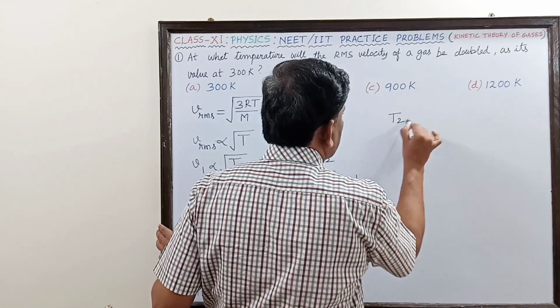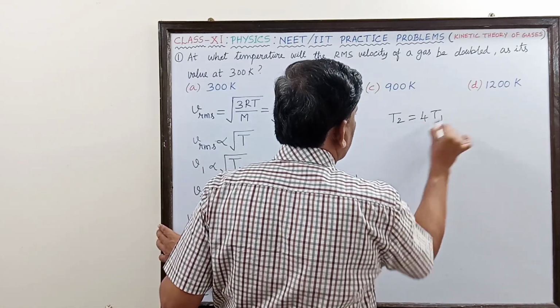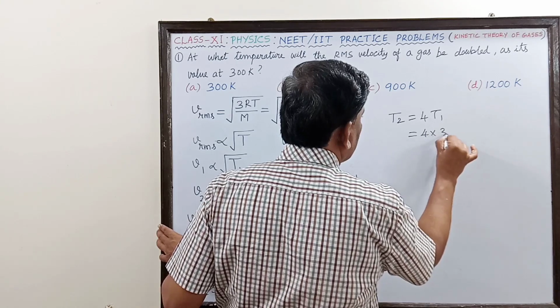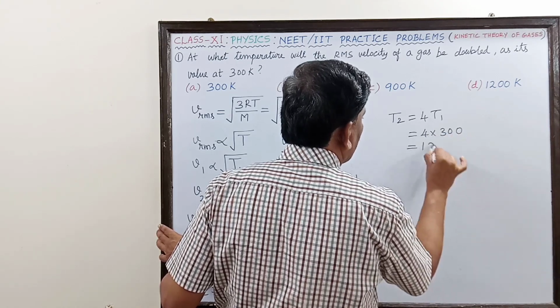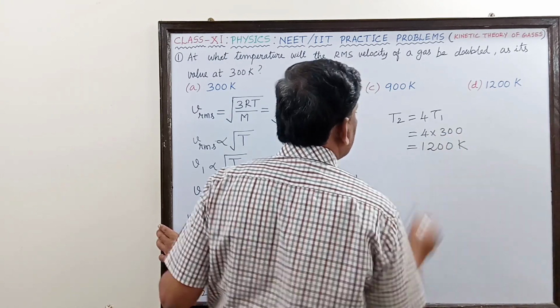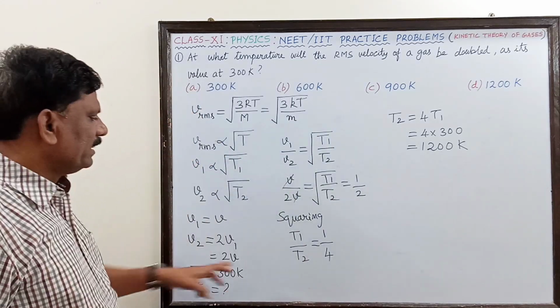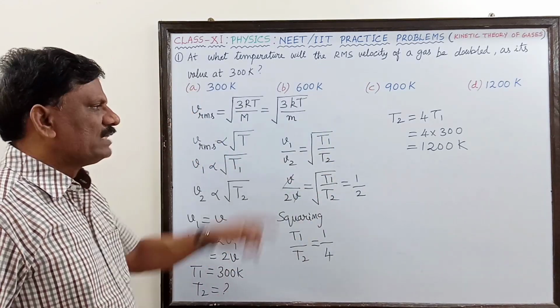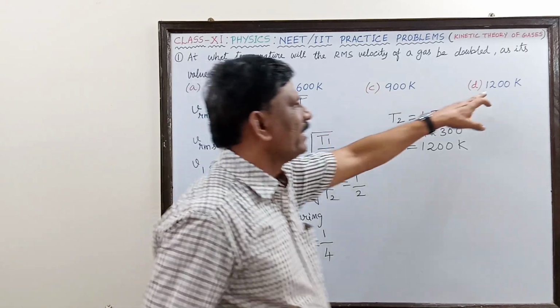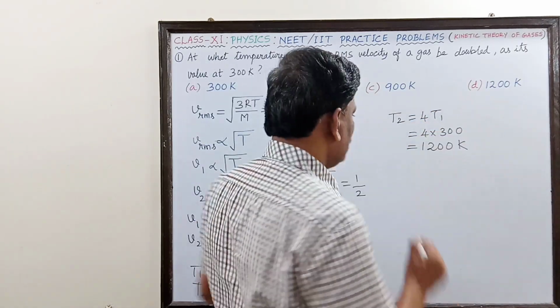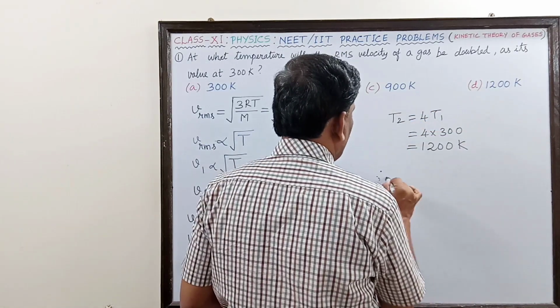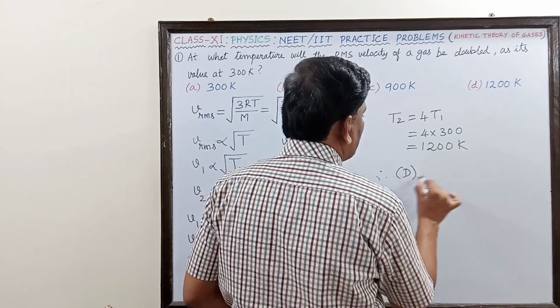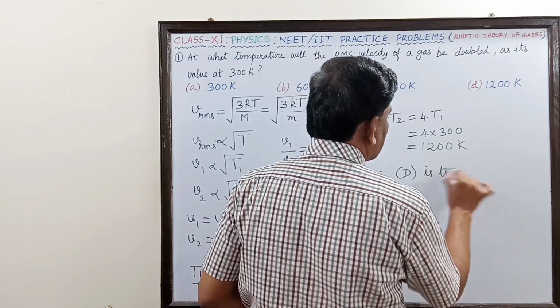So T2 is now equal to 4 times T1, which is 4 into 300, and that is equal to 1200 Kelvin. So we have found that T2 is equal to 1200 Kelvin. So which is the correct option? It is option D. Therefore option D is the correct answer.